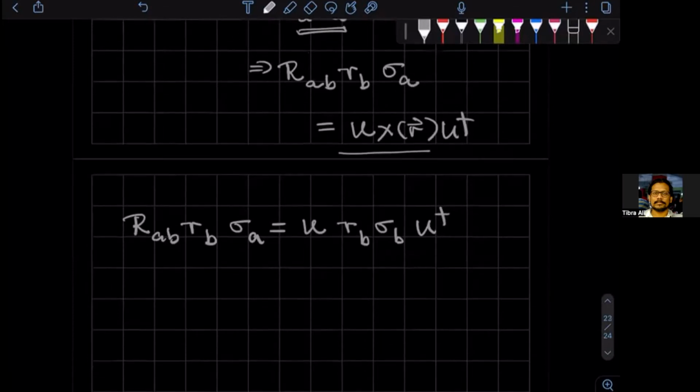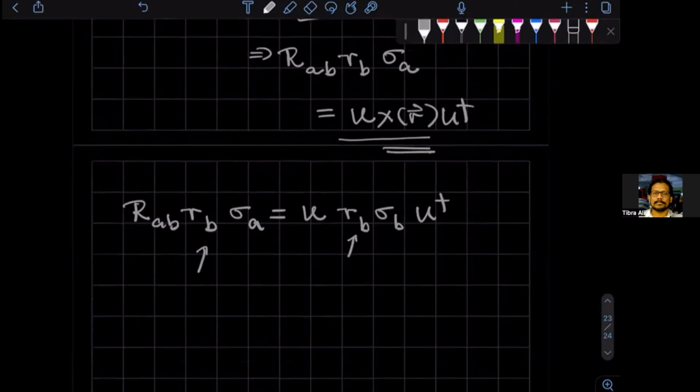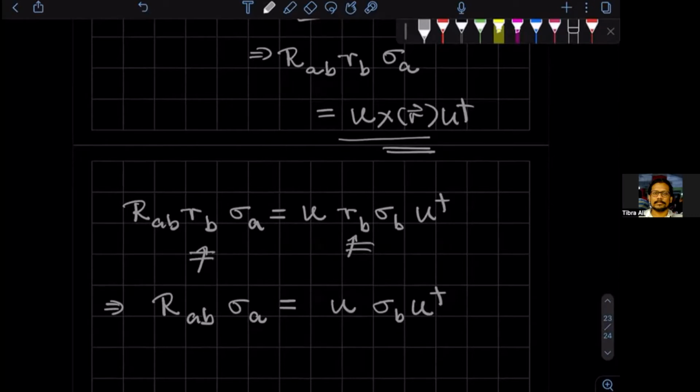I'm just writing this out explicitly. But r is some arbitrary vector, so for this equation to be correct, it has to be correct for all r's. So this implies R_AB σ_A is equal to U σ_B U dagger. r is just some coefficient that I get rid of from both sides.